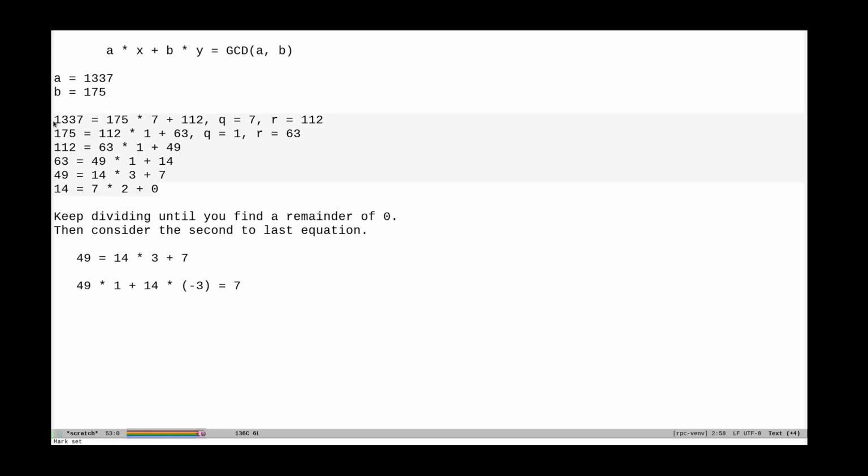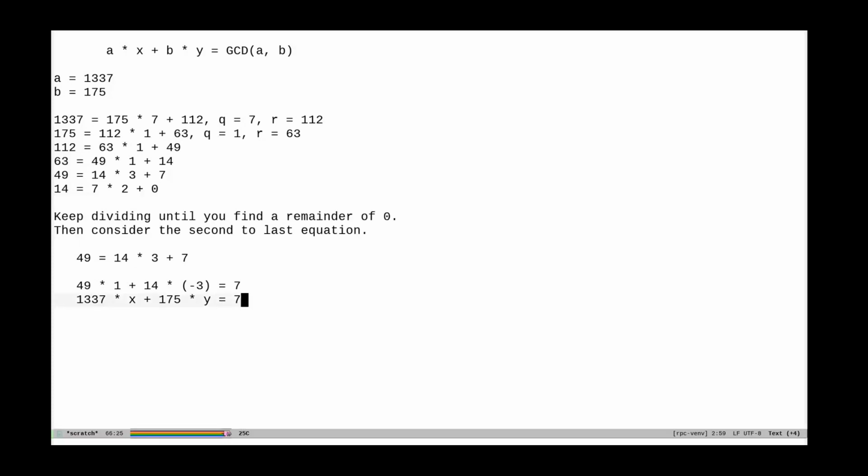So now there is a super boring process in which you go backwards and substitute each equation, so that at the end you get an identity where you have 1237 times something we don't know, plus 175 times something else we don't know, equals 7.